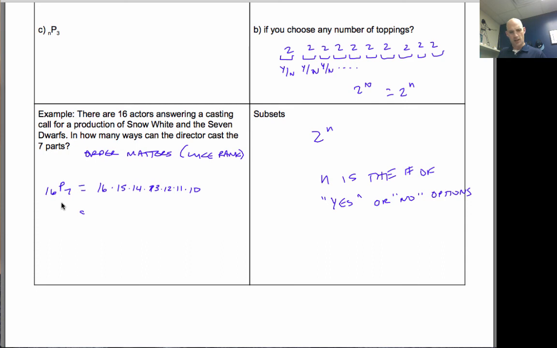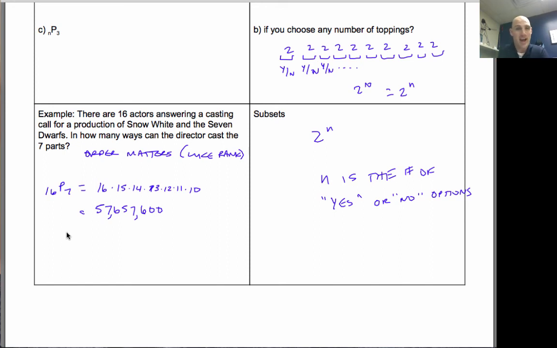So, I'm actually going to use 16 permutations, 7 at a time. Whoa, wowzers. 576, nope, 5,760,000, no, 57,657,600. Put my zeros in and then put my commas in, all right?